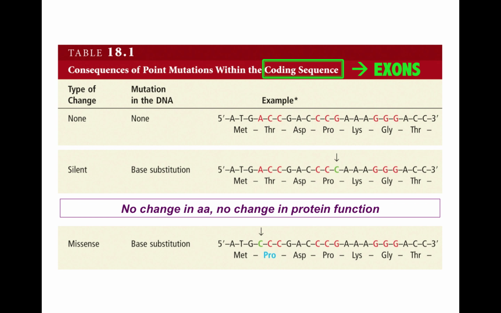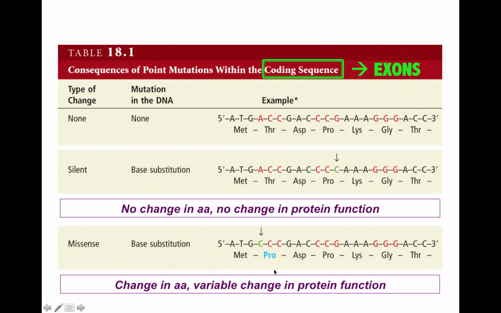What about a missense mutation? Here we're changing this ACC to a CCC. Well, ACC encodes threonine, but CCC encodes proline. So a missense mutation changes the amino acid. That often has a consequence for protein function.